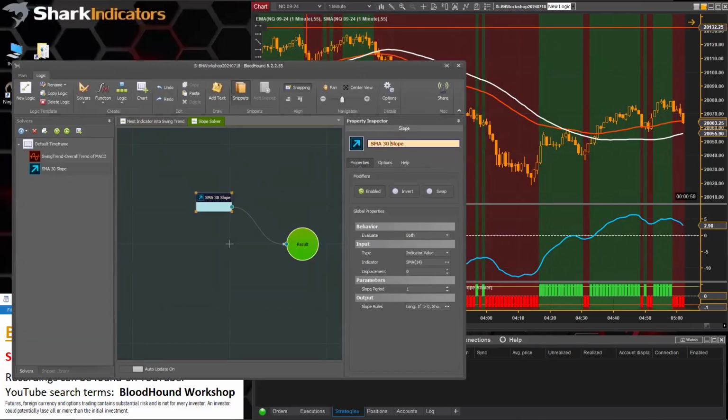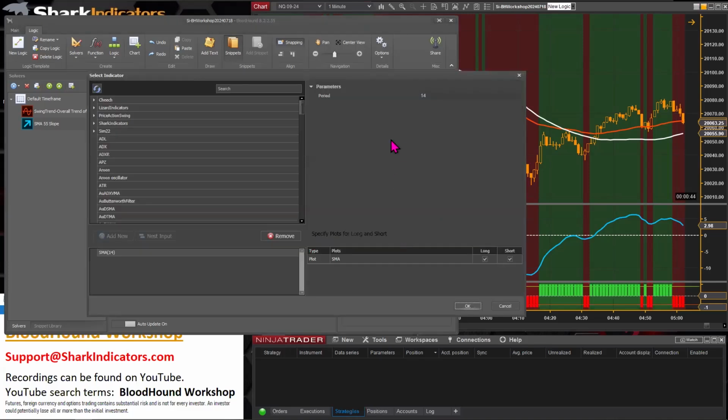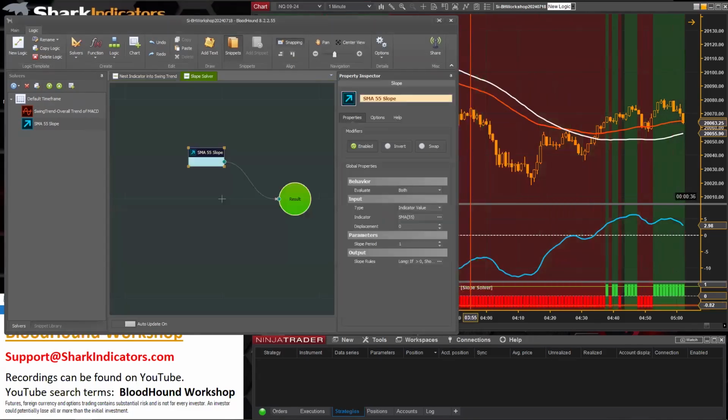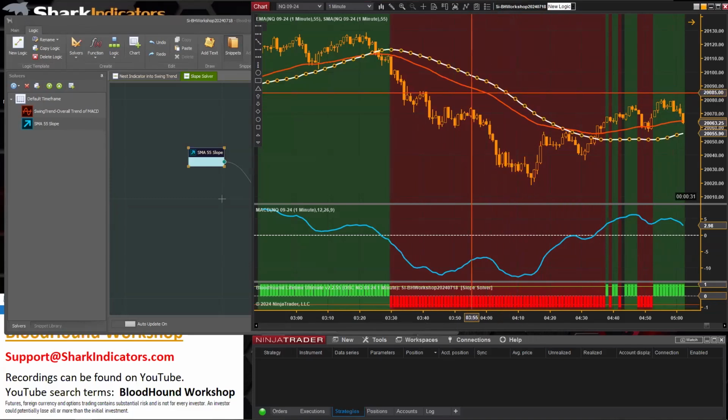Actually, both of these moving averages are 55 period. So I'm just going to go into the SMA and work with that one first. I'll put a 55 period in there, so that it matches: the white line is the SMA, the red line is the EMA.